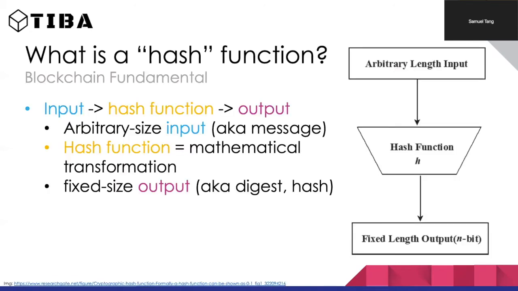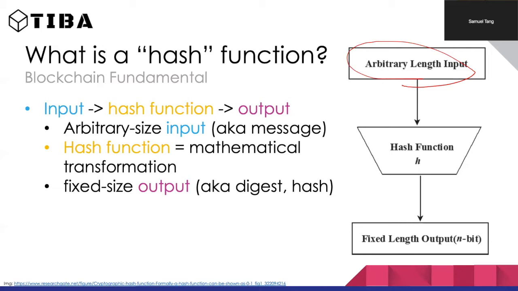So then what is a hash function? The basic idea is the same. You have an input, and this input goes through some mathematical transformation, and then produces the output on the other side. Some things to note for a hash function: the input could be any arbitrary size.